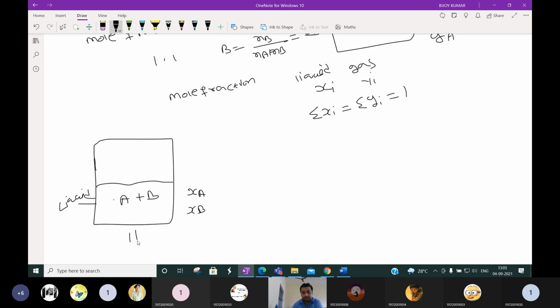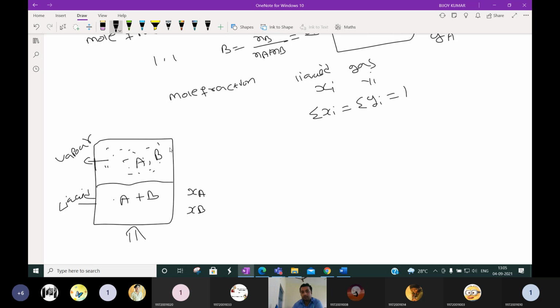We heat it, and after heating, the vapors will generate. In the vapor, what will be the composition? In the vapor also, both components A and B will be there, because the vapors are generated from this liquid of A and B.